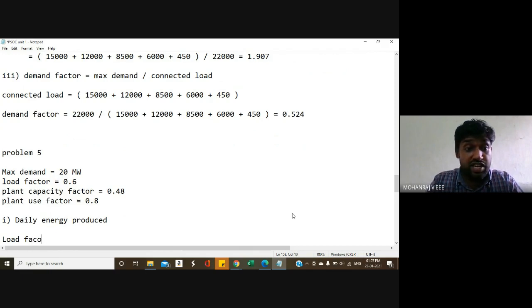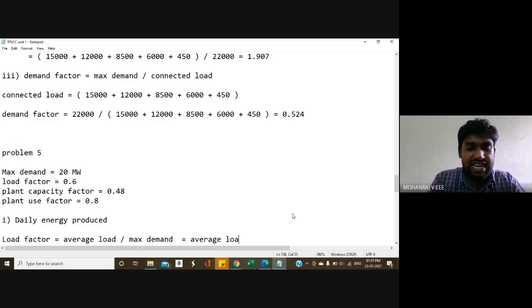What is load factor equal to? We know the formula for load factor. Load factor is equal to average load divided by maximum demand. We are not sure about the average load, so keep that as it is.